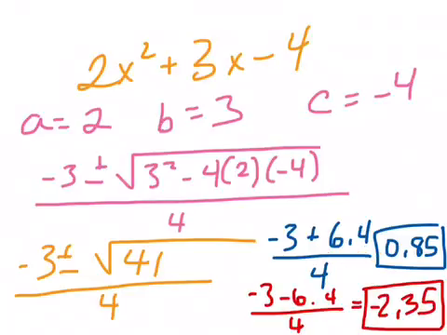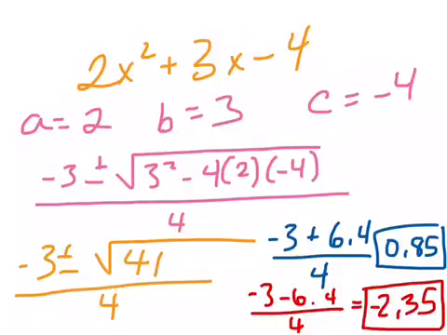But our other option would be if this can be simplified. Let's say it was the square root of 50. Well, 25 times 2 is 50, and 25 is a perfect square. So the square root of 50 could be simplified and left in radical form. And then even at the end, you could find the decimal.